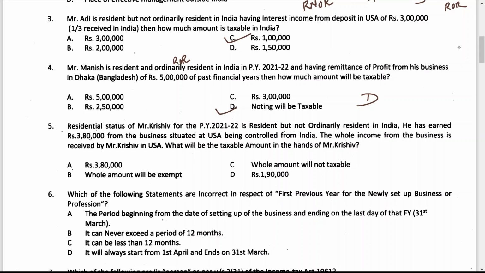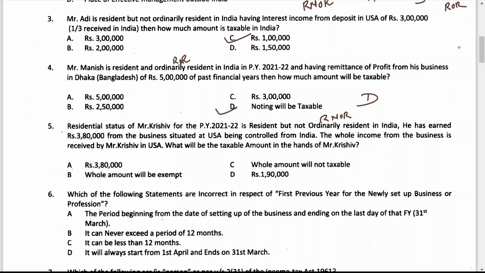Now next one, the residential status of Mr. Krisiu for the previous year 2021-22 is resident but not ordinarily resident in India. That status is RNOR. He has earned rupees 3 lakh 80,000 from a business situated in USA being controlled from India. The whole amount from the business is received by Mr. Krisiu in USA.